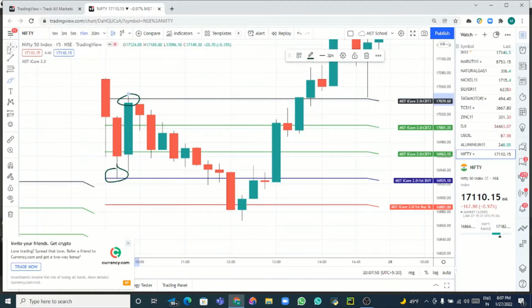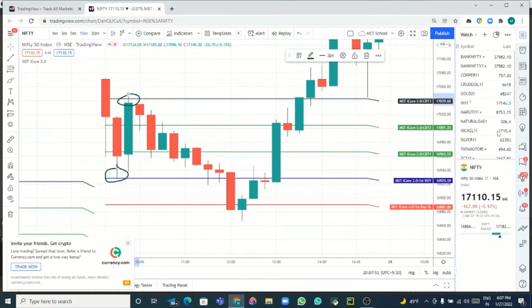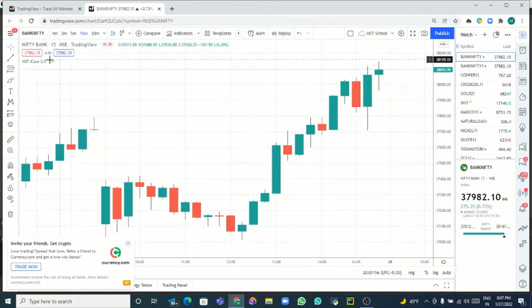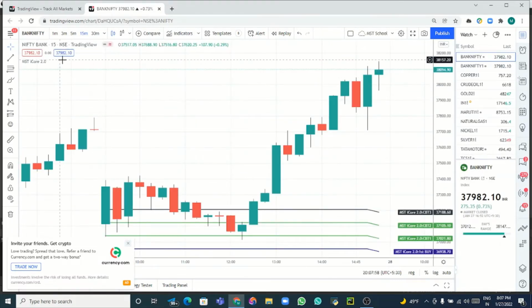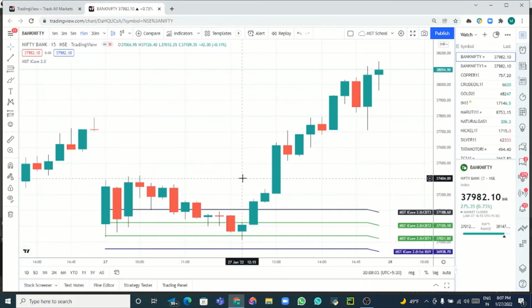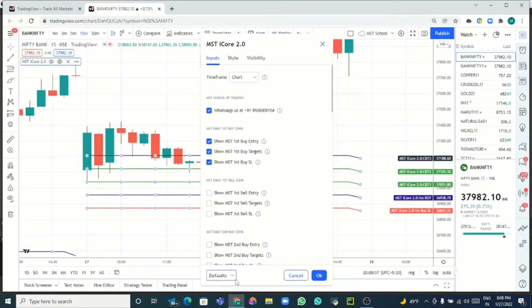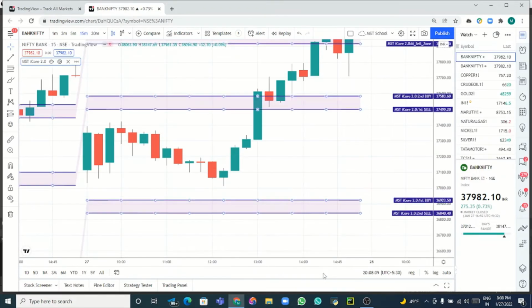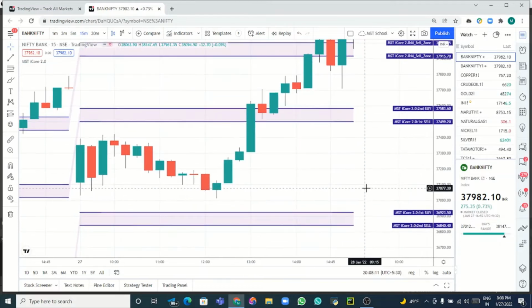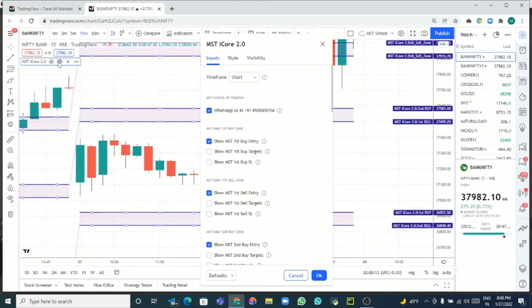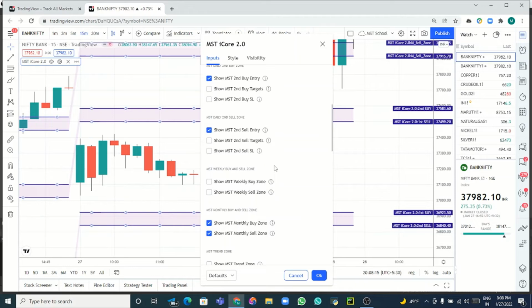Let us see what happened in Bank Nifty also. I will take Bank Nifty. In Bank Nifty, I will just press the reset button and keep it at 360.